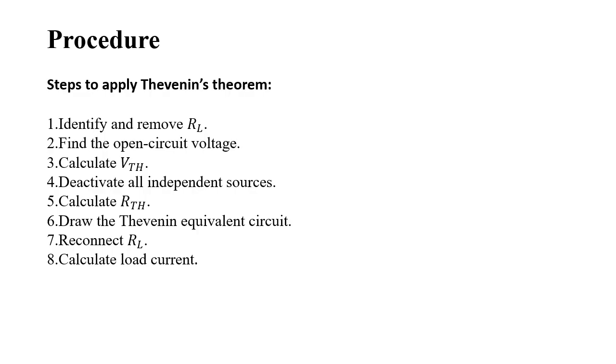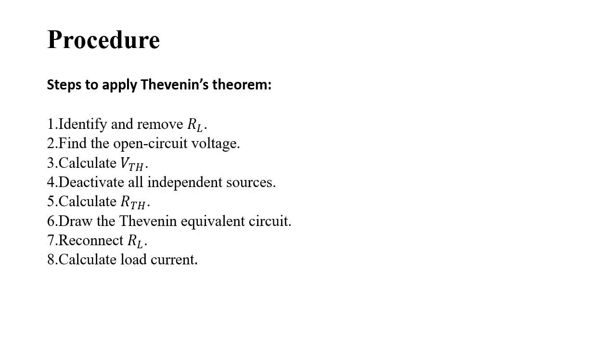After calculating the Thevenin's voltage, next we have to deactivate all independent sources. After doing this, we calculate the Thevenin's resistance RTH. Then we draw the Thevenin's equivalent circuit. For drawing it, we need the Thevenin's resistance, Thevenin's voltage and the load resistance.